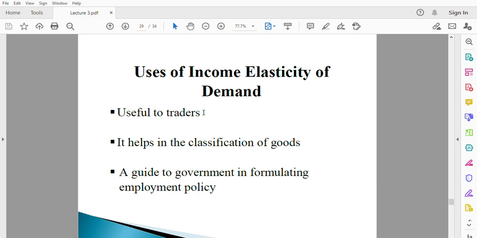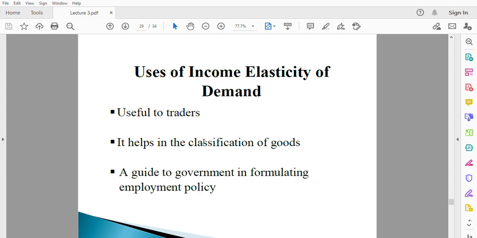All right. It helps also in classification of goods. So if you're able to classify a good you are selling as inferior or normal, it helps you know how to price it, how to sell it, and everything. So knowing the income elasticity of a good will help you even for the first time.